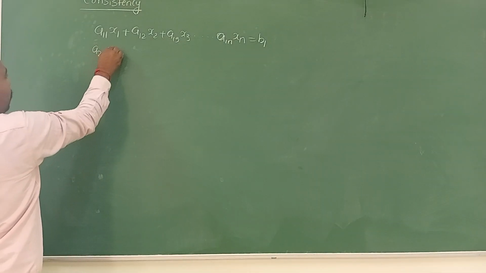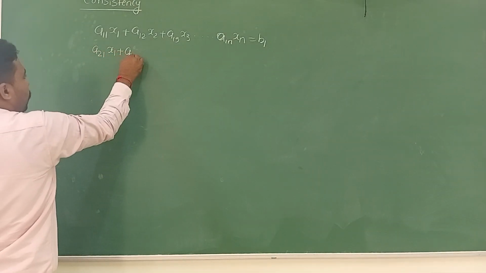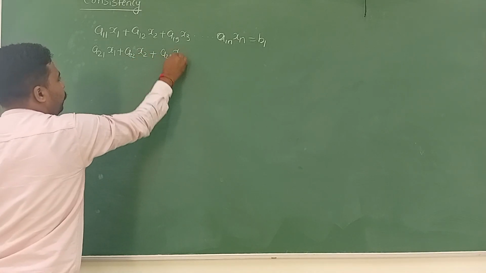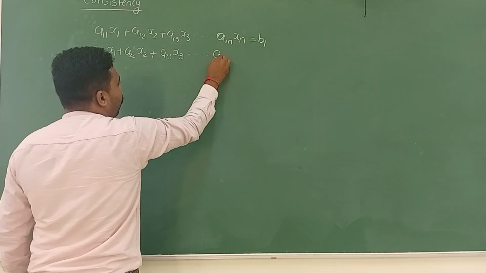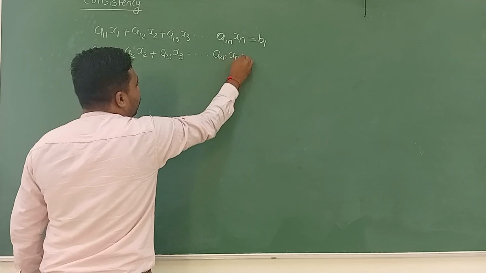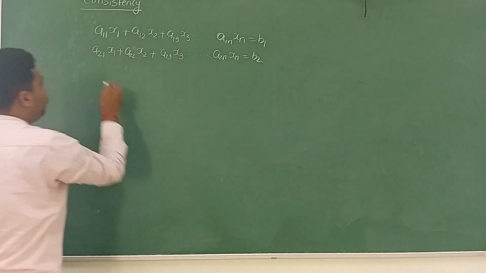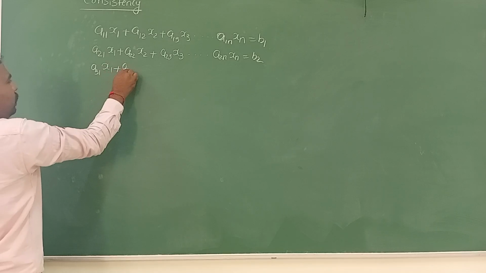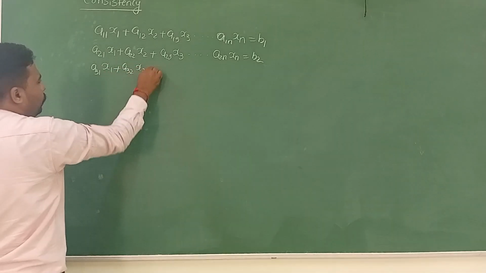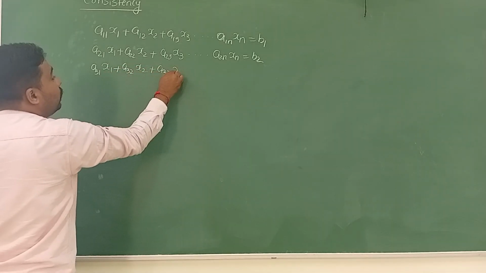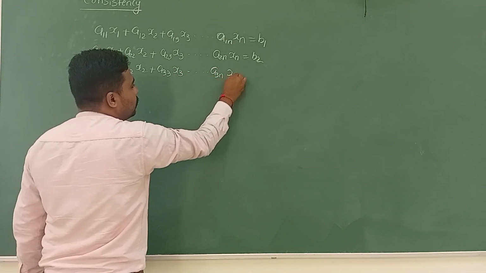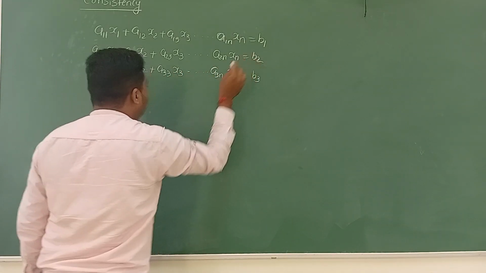Similarly, a21 x1, a22 x2, a23 x3, dot, a2n xn equals b2. a31 x1, a32 x2, a33 x3, dot, a3n xn equal to b3.